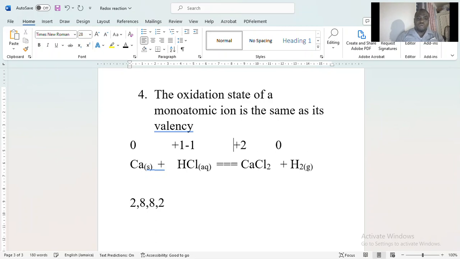Now, we also see the concept right here of the chlorine again. Bear in mind, even though we have 2 chlorine atoms, and we're going to be talking about a little rule right here, when we're writing the oxidation number for this type of thing, we normally use it for 1 atom.